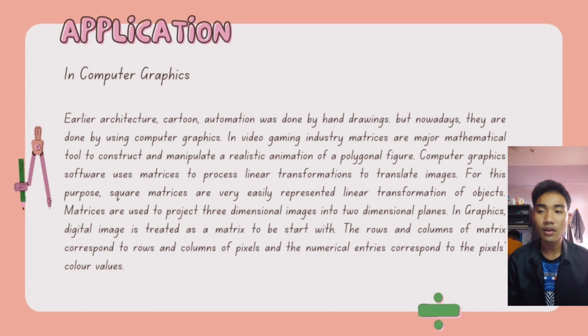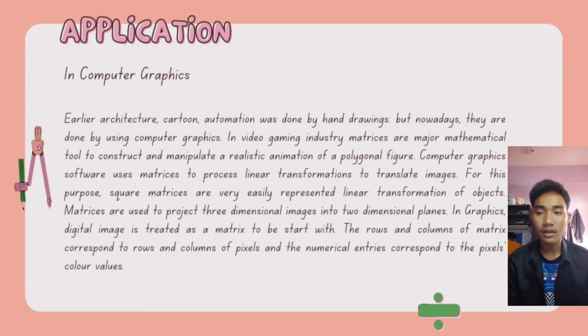Computer graphics software uses matrices to process linear transformations to translate images. For this purpose, square matrices are very easily represented as linear transformation objects. Matrices are used to project three-dimensional images into two-dimensional planes.